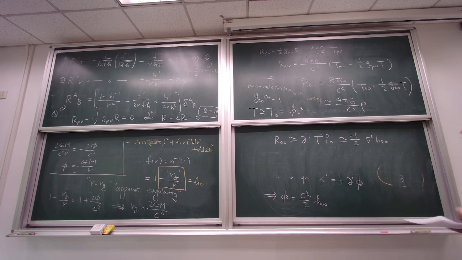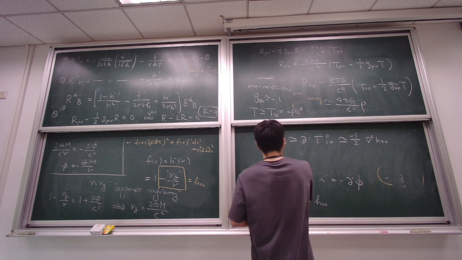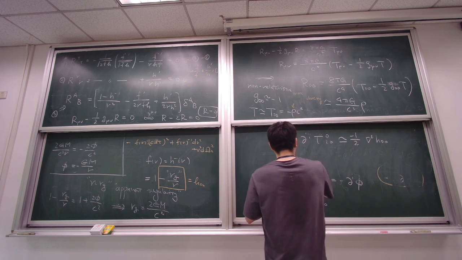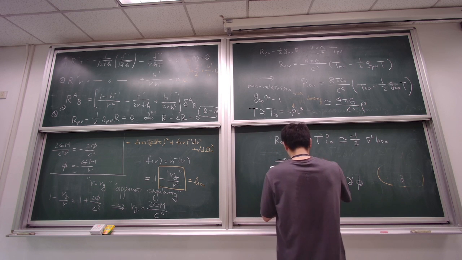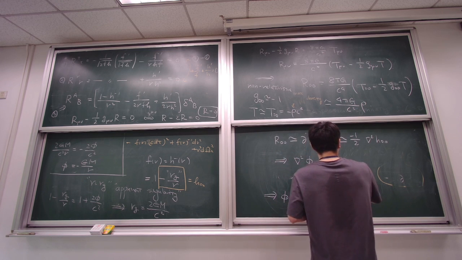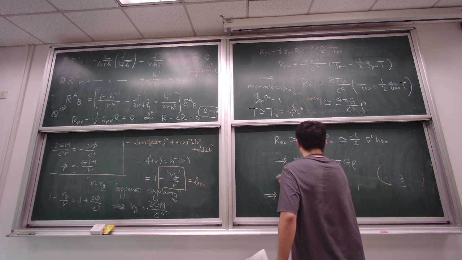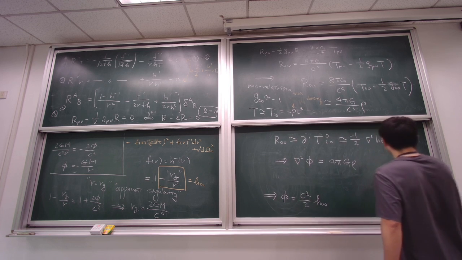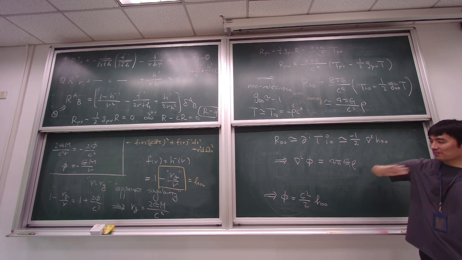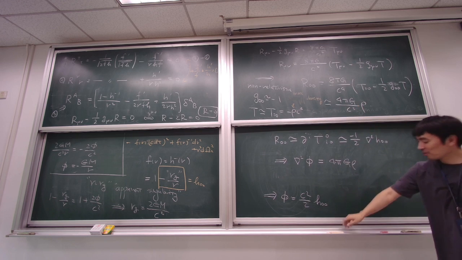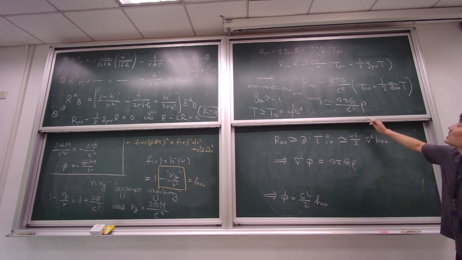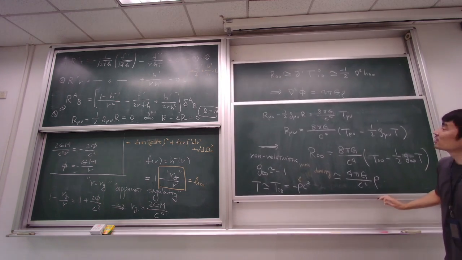Plug this one in here and compare between the two, and this will give you nabla square phi is equal to 4 pi G rho. And in fact, that's how, if you compare this with the non-relativistic limit, Einstein determined this coefficient.